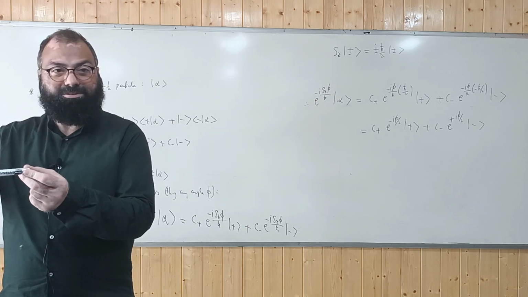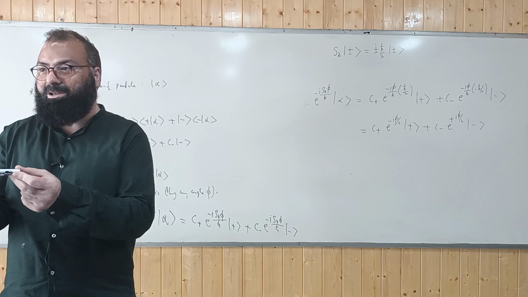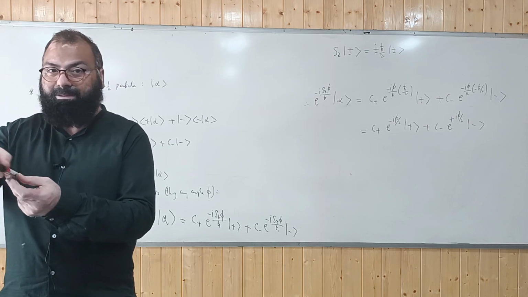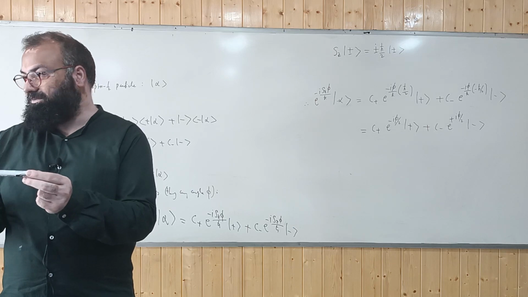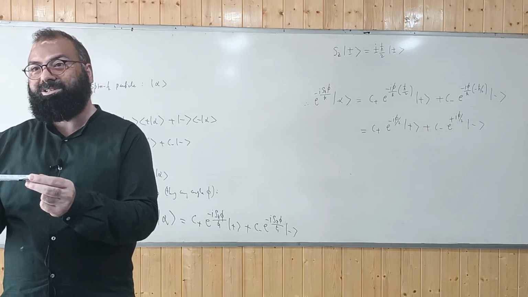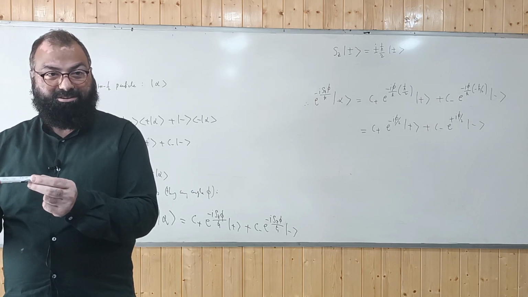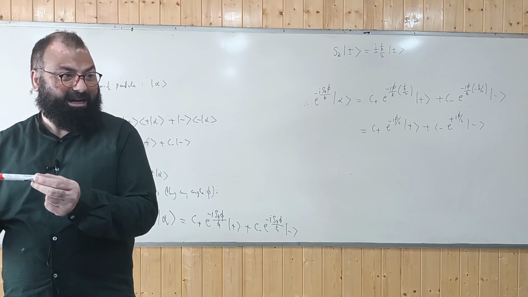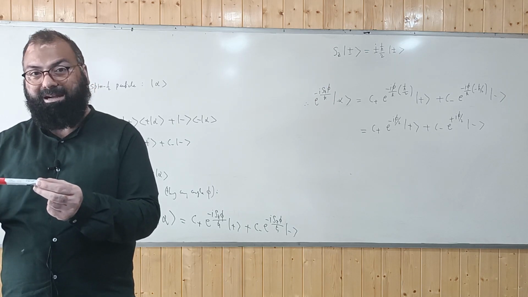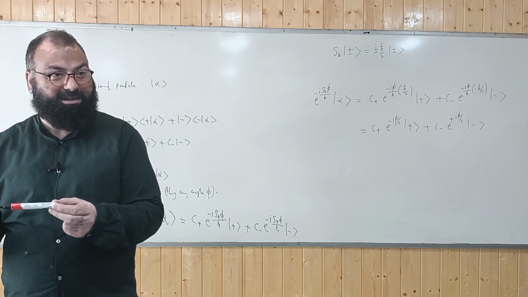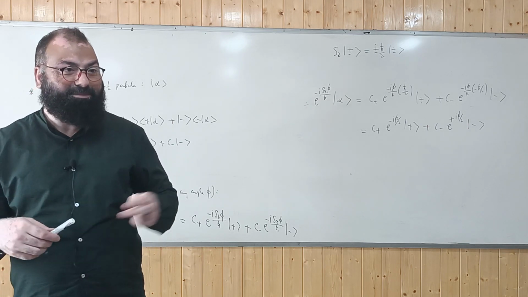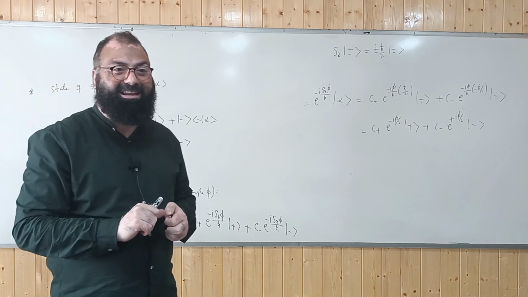Intuitively, I should expect that if I rotate the wave function of a particle through 2 pi, I should get the wave function back, because the wave function is single valued. At 2 pi you should get the same value you have at theta equal to 0. But for a spin half particle, it is very weird.